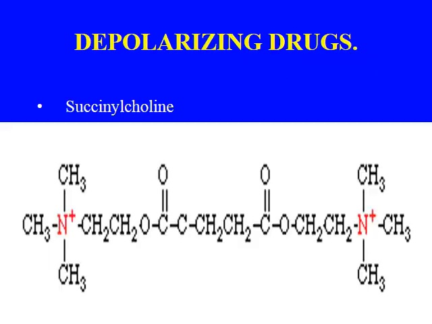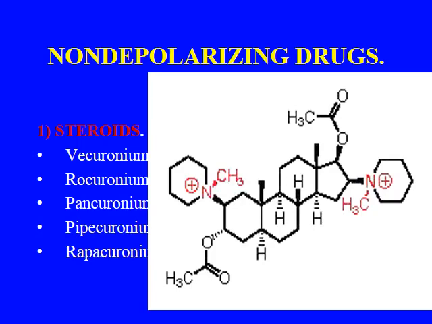This is the structure of succinylcholine, a depolarizing drug, which is a quaternary ammonium ion. Non-depolarizing drugs are further subdivided into three subcategories according to their chemical structure. The first one is steroid, the second one is isoquinolone, and the third one is the miscellaneous group.